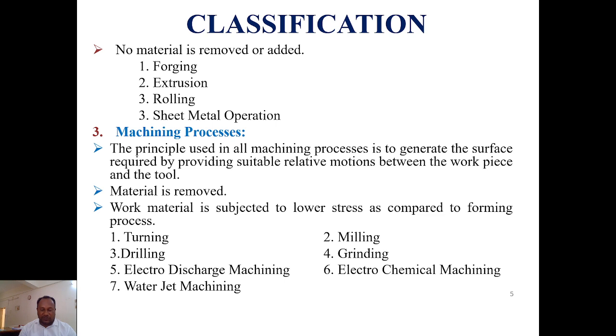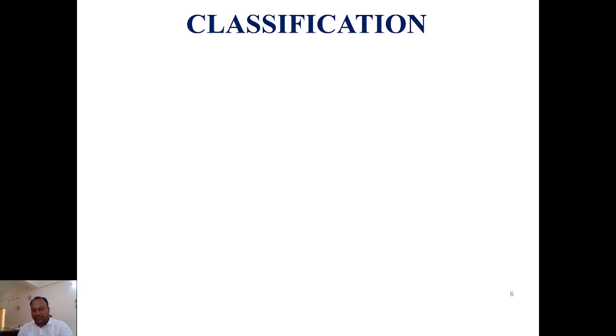The tools remove the workpiece material, as in turning, milling, drilling and grinding, and unconventional machining processes like electric discharge machining, chemical machining and water jet machining. These are modern manufacturing methods where we can remove material without tool contact, with the help of mechanical, chemical or thermal energy.